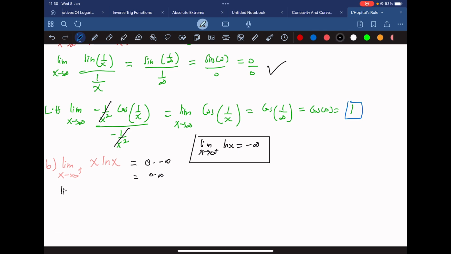So we have the limit as x approaches 0 from the right. If we are rewriting, we always write the second term first. So we have ln of x here. Then we find the reciprocal of this term. So we have 1 over x. So now let's put in 0 from the right. If we do that, this part over here goes to negative infinity as we established right here.